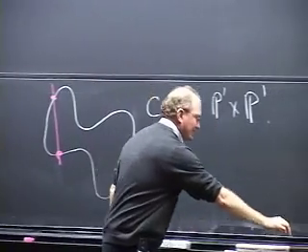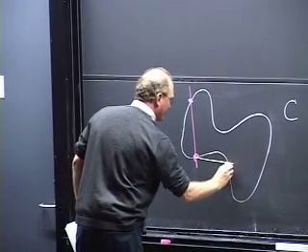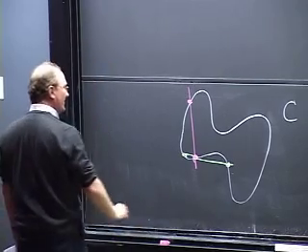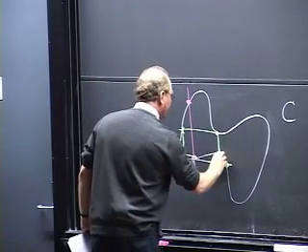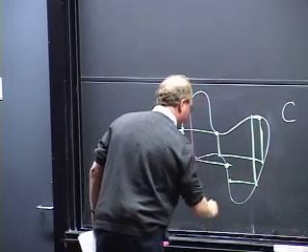But then you can play this ping pong game where you now draw a horizontal line and see where that meets the curve, and then you draw a vertical line again, and so on. And you just keep bouncing back and forth in parallel to the two coordinate axes.